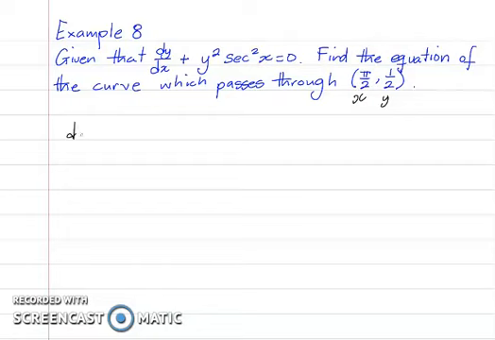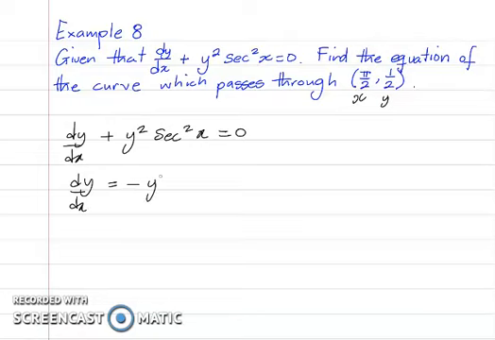So let's just write dy by dx plus y squared sec squared x is equal to 0. I'm going to write dy by dx is equal to minus y squared sec squared x. Then let's separate the variables.